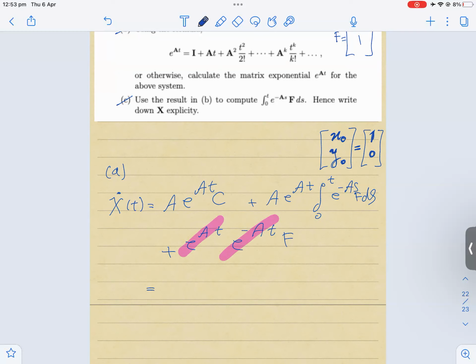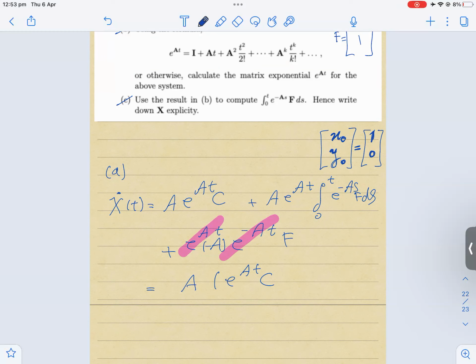Also, sorry, if I take the integral, differentiation, integration, there is a minus A here. So I have minus A, times e to the At c.